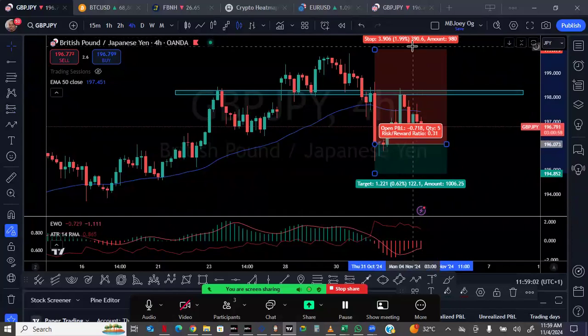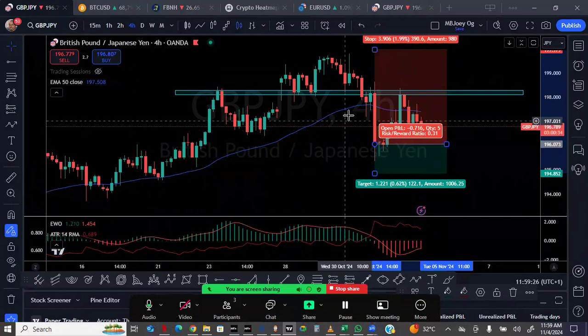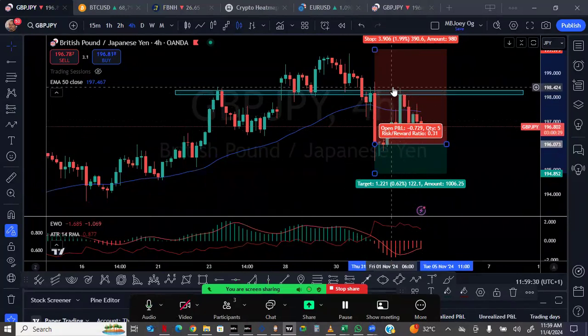Yes. It doesn't make any logical or technical sense to risk 400 pips when I'm not trading $1 million. So the ideal thing for me to do is leave this market or wait for it to come back and do a proper retest, which was what happened.